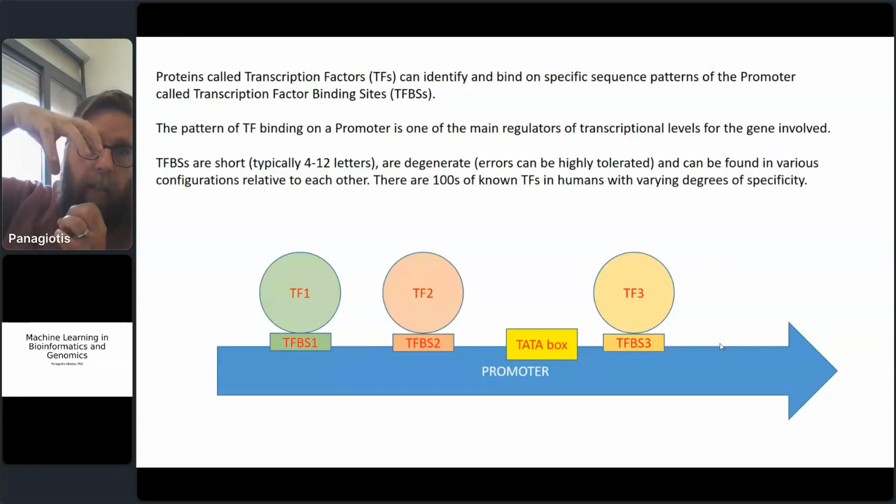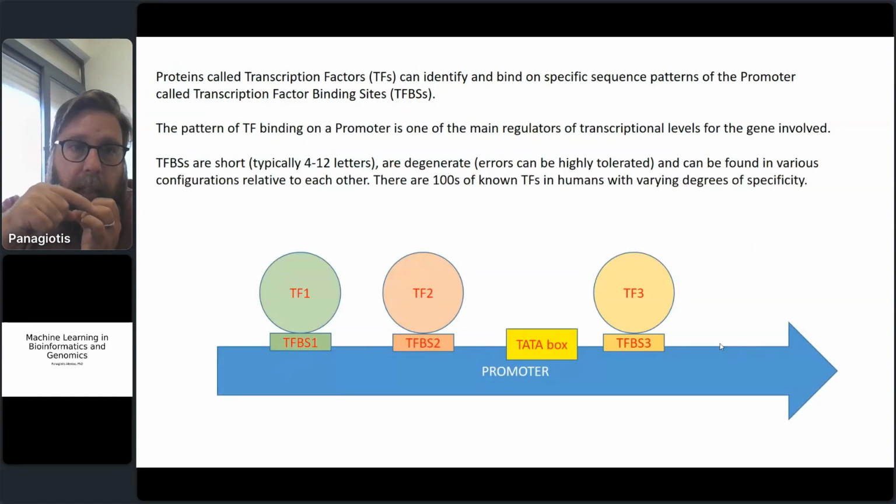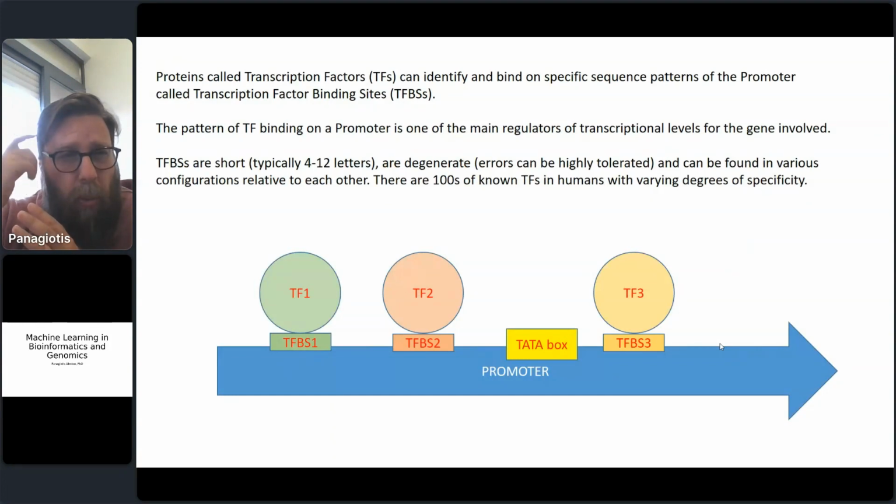A transcription factor binds to its binding site by recognizing a pattern in the sequence. This pattern is short, from as short as 4 nucleotides, usually around 6 to 8, and up to 12.